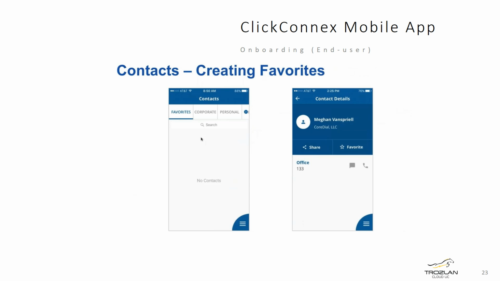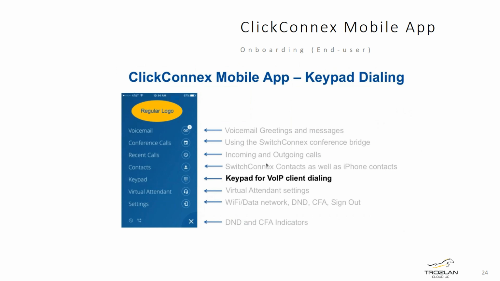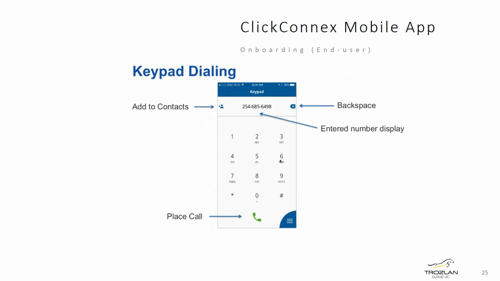And we also provide a keypad. The layout for dialing from a keypad should be pretty straightforward, just like a regular phone. You have add to contacts on the top left and placing the call on the bottom.